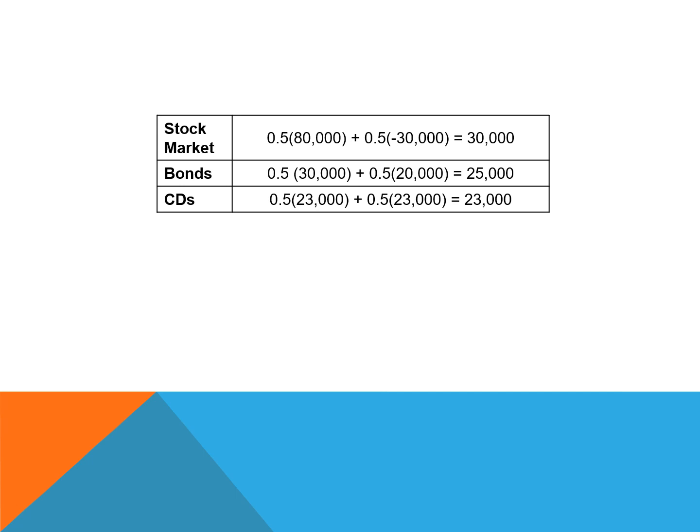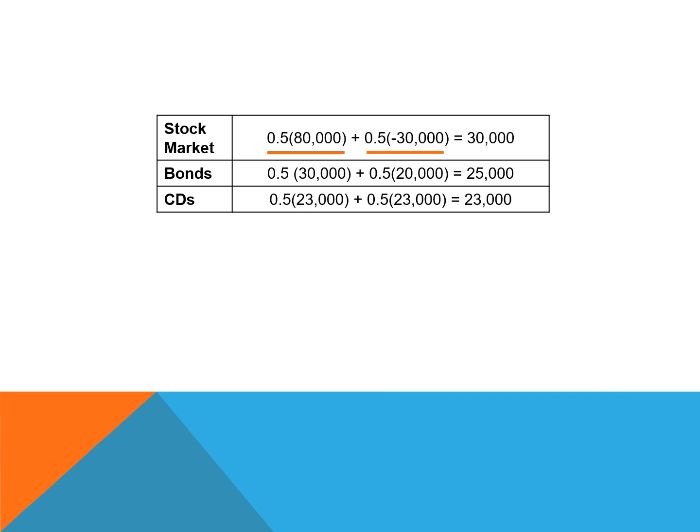So, pag maganda yung ekonomiya or good economy ang outcome, marireceive ni Mickey if mag-invest sa stock market alternative is 80,000. At pag yung outcome is poor economy, yung marireceive ni Mickey is a loss of negative 30,000.